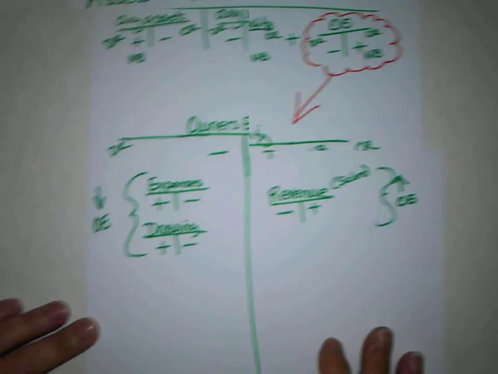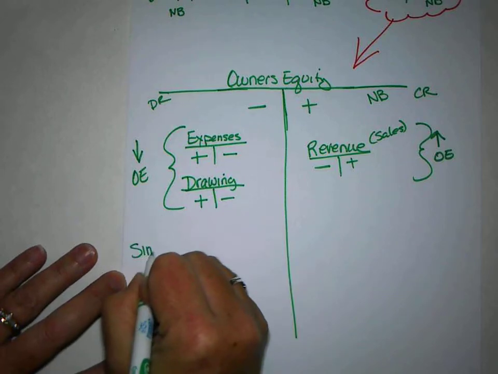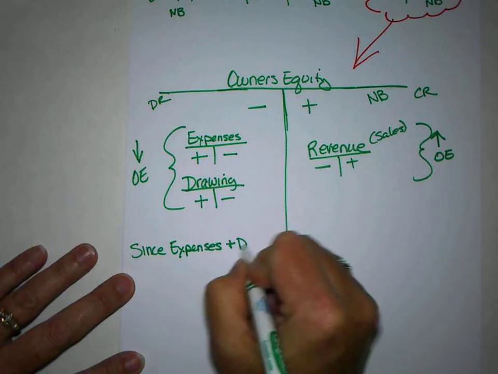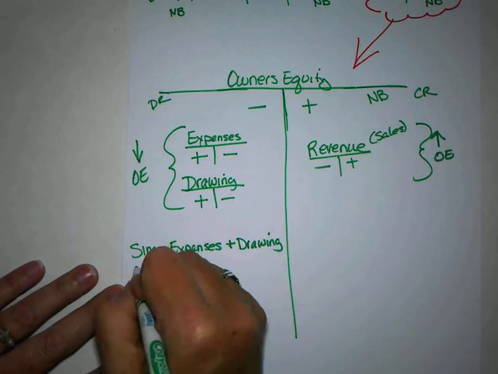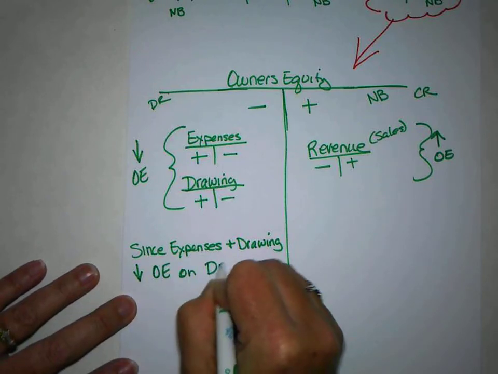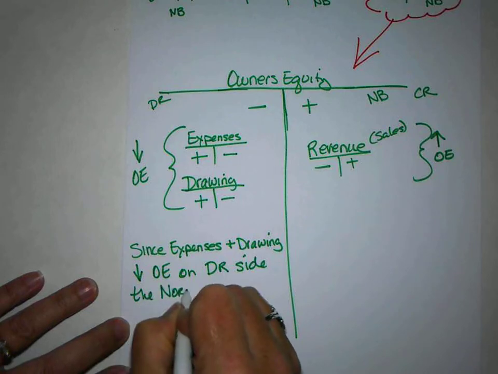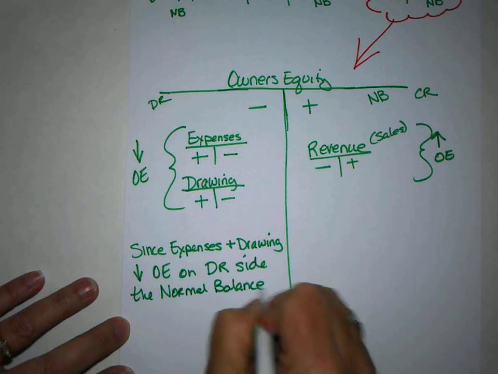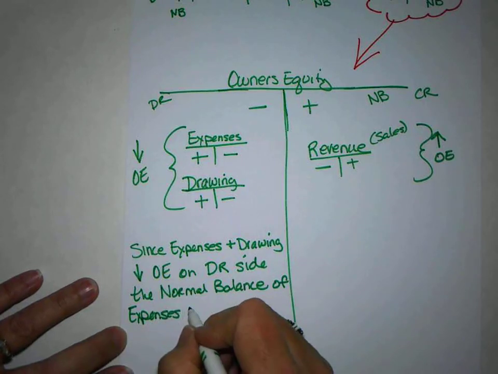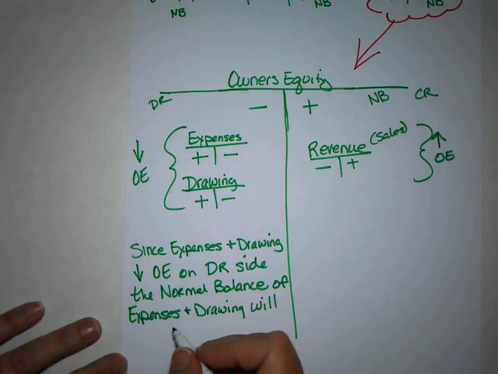Okay, so just to put this in words, since expenses and drawing decrease owner's equity on the debit side, make sure you're getting all my abbreviations, the normal balance of expenses and drawing will be on the debit side.